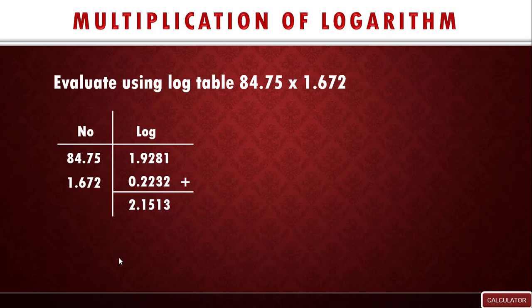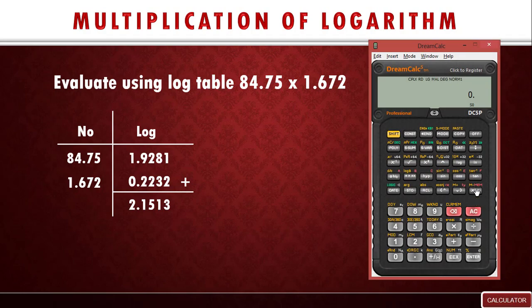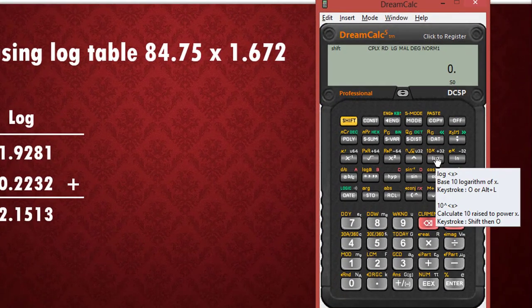Okay, so for the sake of speed, we're going to make use of our calculator to do that. To get to our anti-log, we'll hold down the shift or your second function on the calculator, and then press your log.